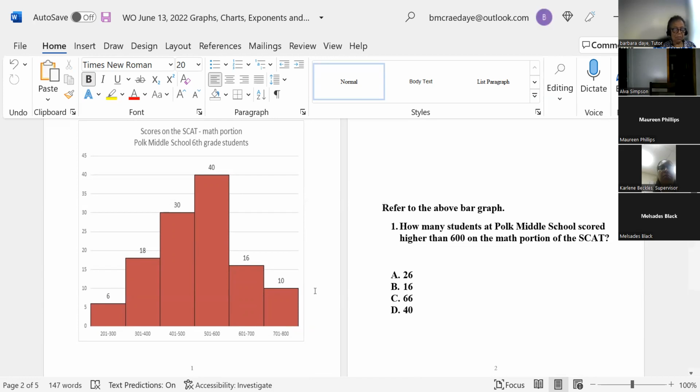So Alva, that's what you want to look at first, the subject. So that means this bar graph will be showing you scores. Not only that, it will be showing you the number of students that had these scores within these SCAT ranges.